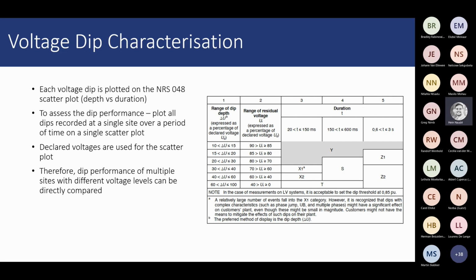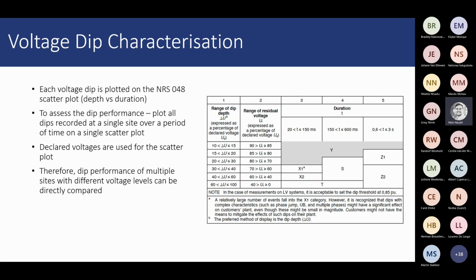Well, I think there's a few things that will impact the dip depth on LV. Firstly, it's obviously the loads that are connected to that LV transformer, for example. That will impact the normal reference voltage where it's running, and if there's more load, you can normally expect a deeper dip compared to MV or HV. Also, you have voltage losses over the system, so your voltages may be a bit lower on LV, and all of that can lead to you easily triggering a lot of wide dips in this area.